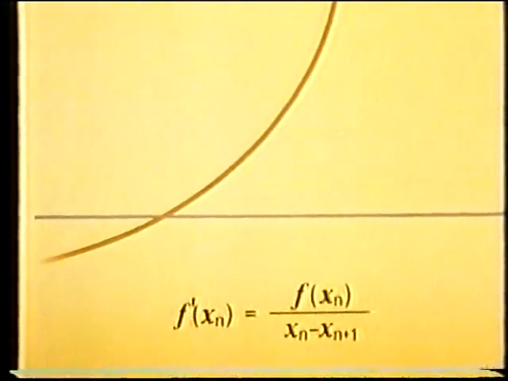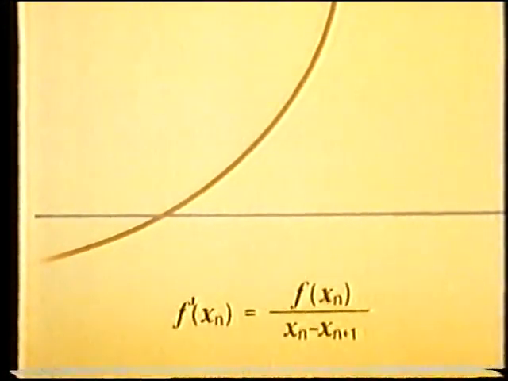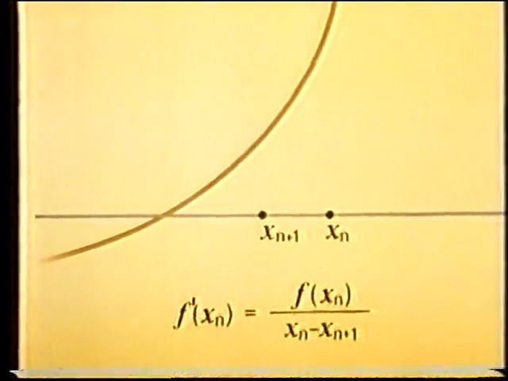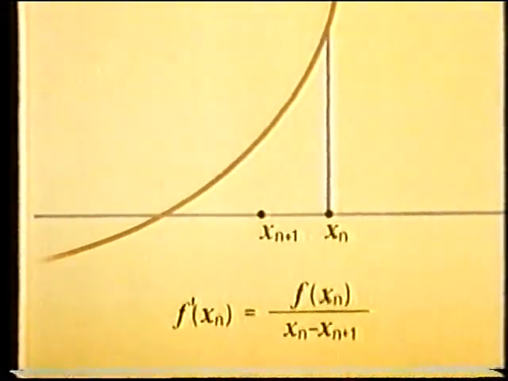Here's a sketch of part of the graph of f with an approximation xn and the next one. Let's take another look at the expression for f dashed of xn. The numerator is this term, f of xn, and that's just this distance, the y value at xn.